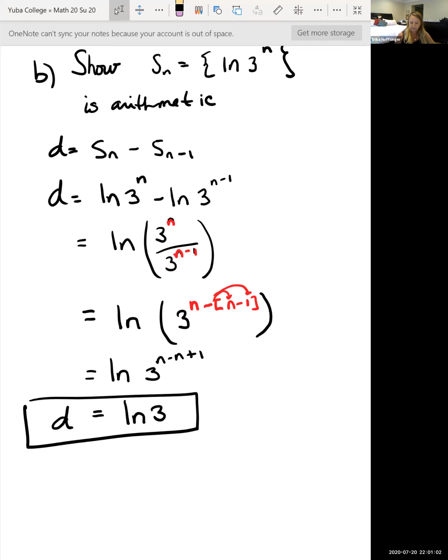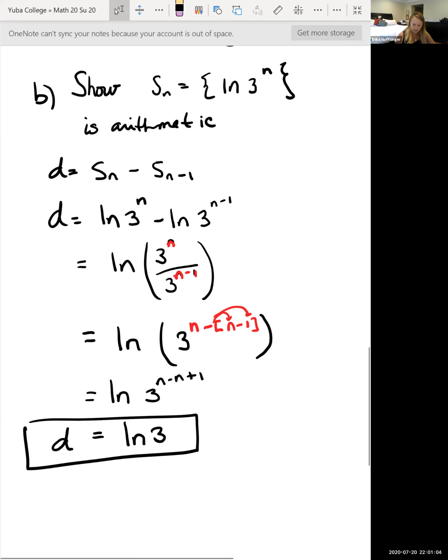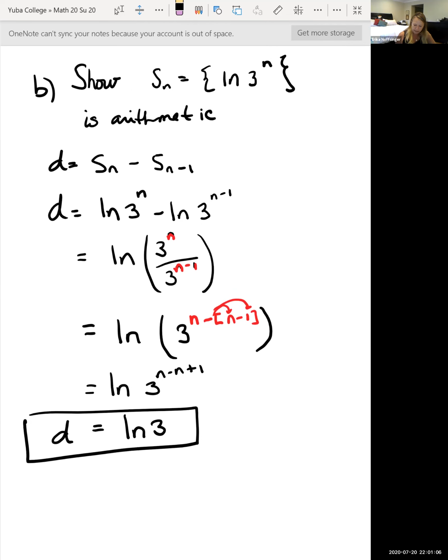So finding the first 4 terms, S of 1. That would be the natural log of 3 raised to the first. S of 2, this would be the natural log of 3 squared, or natural log of 9. Or another way I could have written this was 2 natural log of 3, using rules of exponents.